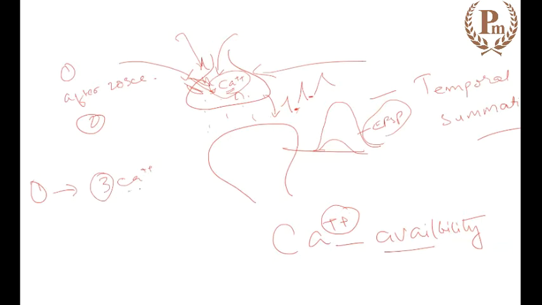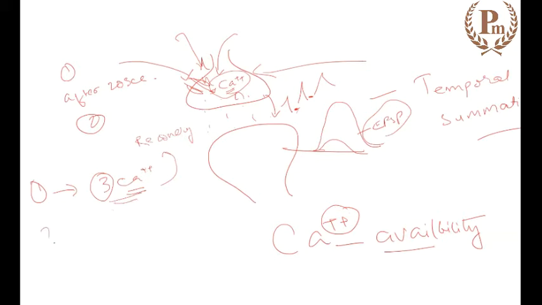In the meantime, what is the fate of my calcium ions? Calcium ions go back to their own sources. Maybe they go back to where they have come from. As there is this change in the potential, they will go back where they have come from. So there is something called recovery or reuptake of calcium ions. Now, this recovery also takes some time, right?